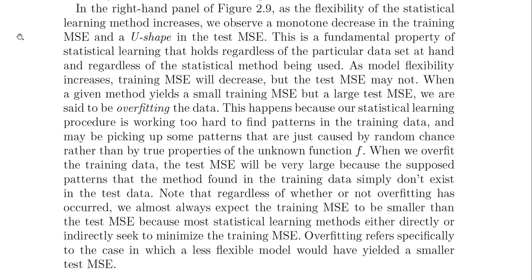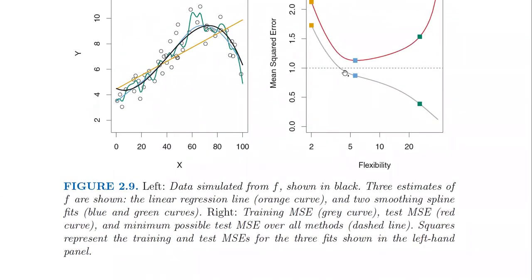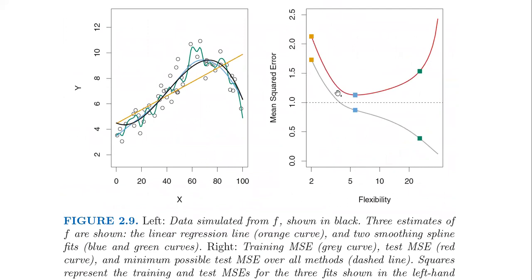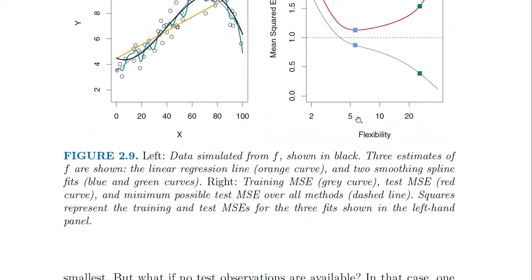As the flexibility increases, we observe a monotone decrease in the training MSE, but a U-shape in the test MSE. Monotone, it is always decreasing, mono, 1. Whereas this is a U-shape, this is not monotone, it's decreasing, but then it increases again.